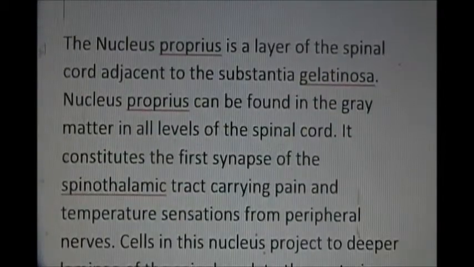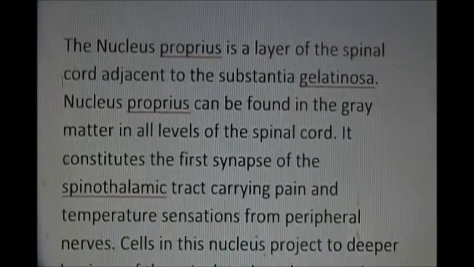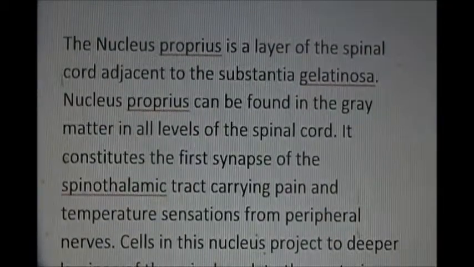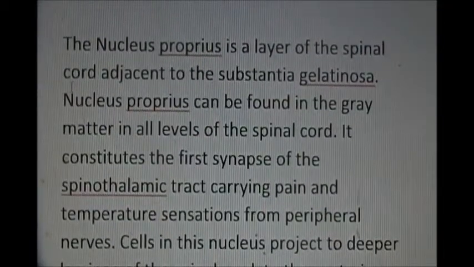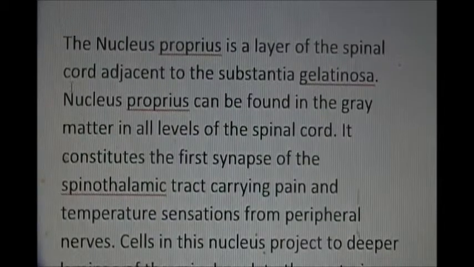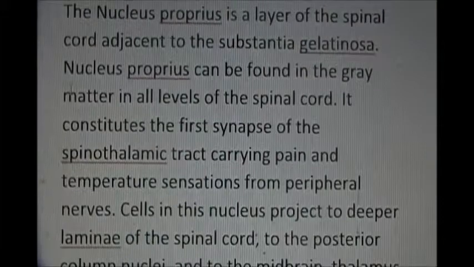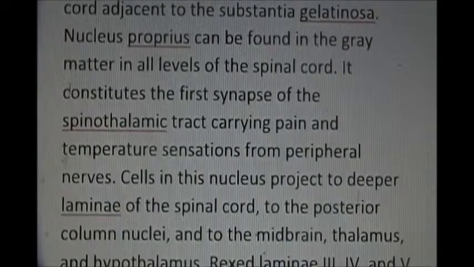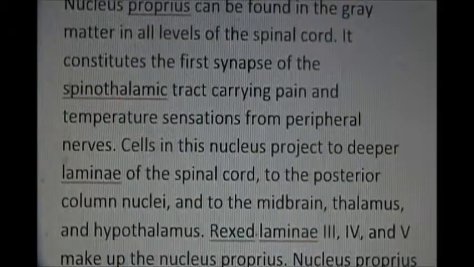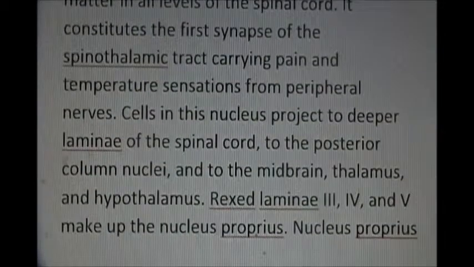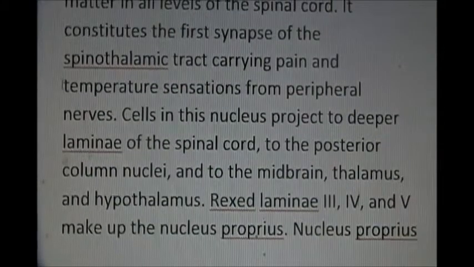The nucleus proprius. The nucleus proprius is a layer of spinal cord adjacent to the substantia gelatinosa in laminae 3-4, and is found in the gray matter at all levels of the spinal cord. It constitutes the first synapse of the spinothalamic tract, carrying pain and temperature sensation from the peripheral nerves.